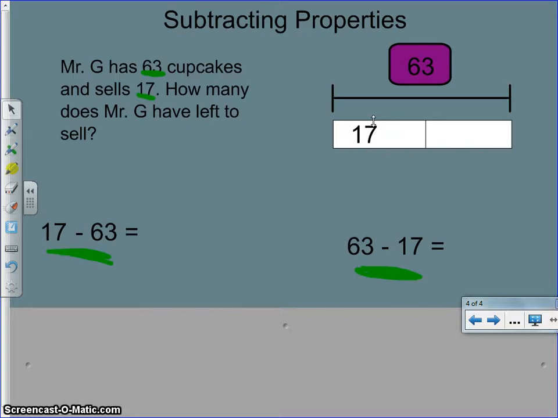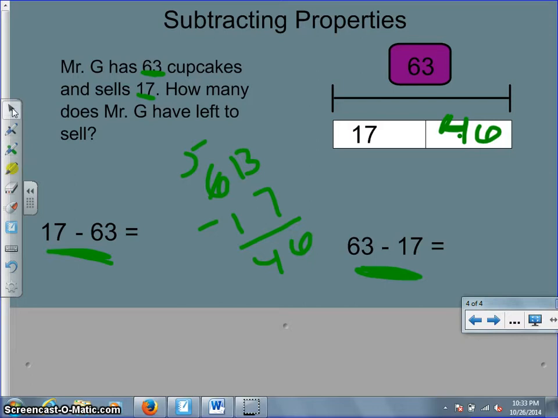So if I do the math, 63, I take 17 from it, it's going to give me 46. So if Mr. G has 63 cupcakes and he sells 17, then that means I will have 46 cupcakes left.